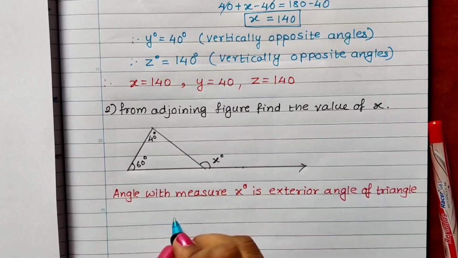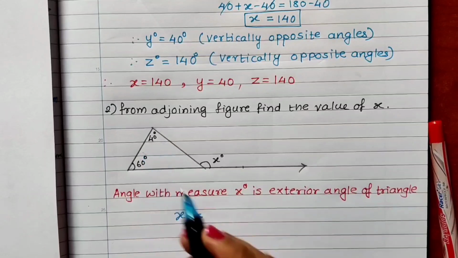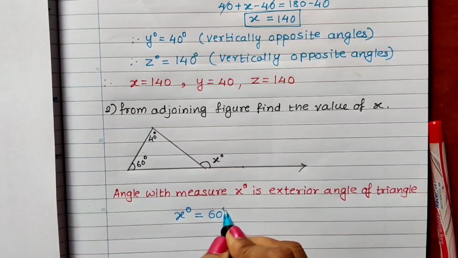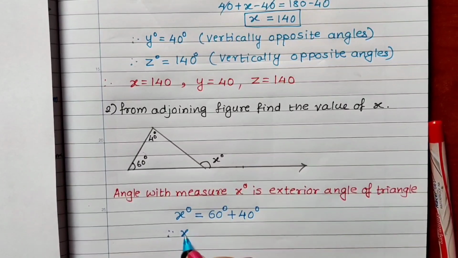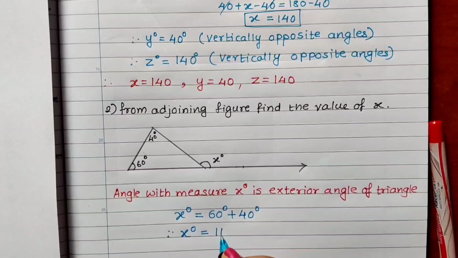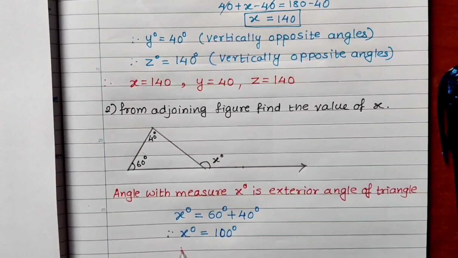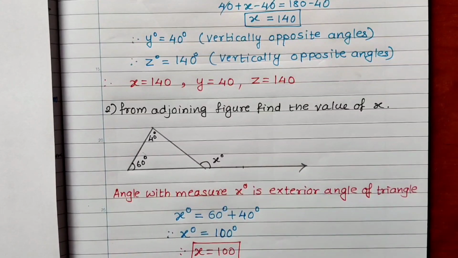This x degree is equal to the addition of these two remote interior angles, 60 degrees plus 40 degrees, and therefore x degrees is equal to 60 plus 40, which is 100 degrees, and therefore the value of x is equal to 100. So in this way you can solve these sums from the practice corner, and we have completed activity sheet number 12 also.